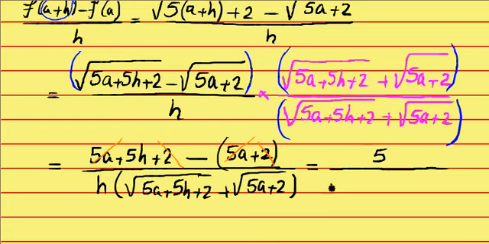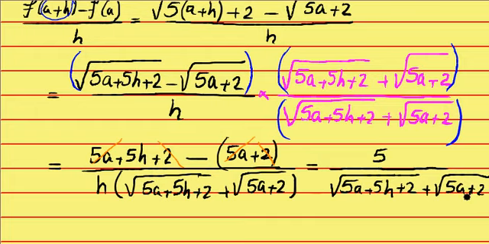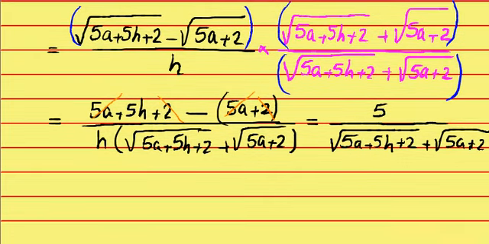I have 5 over radical 5a plus 5h plus 2 plus radical 5a plus 2. Okay, I'm done with the cancellation. So this h and that h at the very last step got cancelled out. At the beginning you couldn't do that.